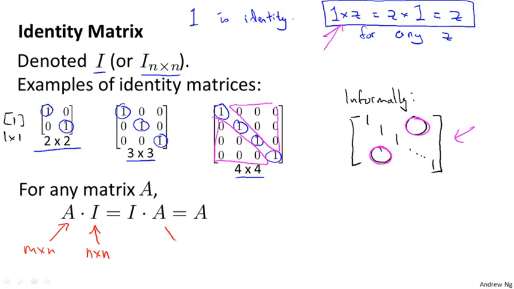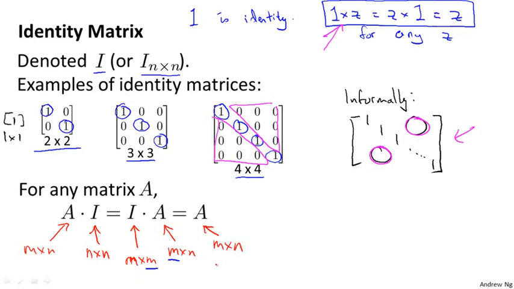And on the other side, for matrix multiplication to make sense, the identity matrix has to be an m by m matrix, because this m has to match up with that m. In either case, the outcome is you get back the matrix A, which is m by n.